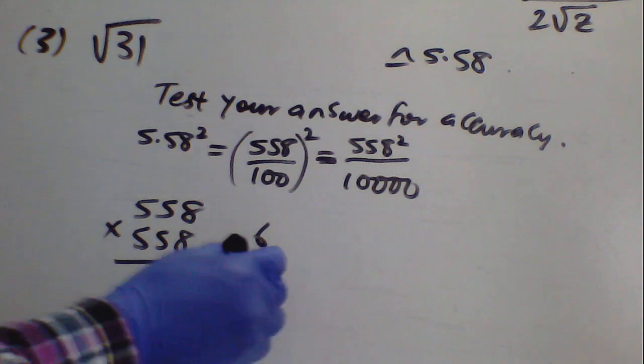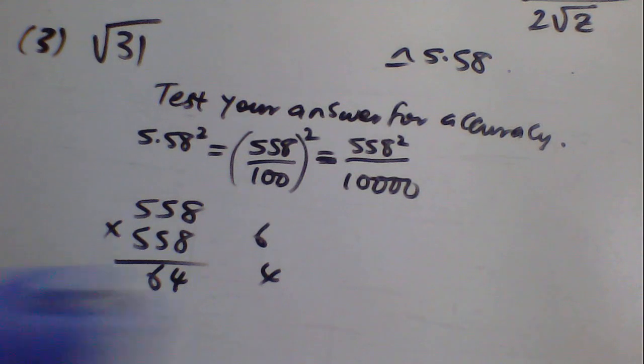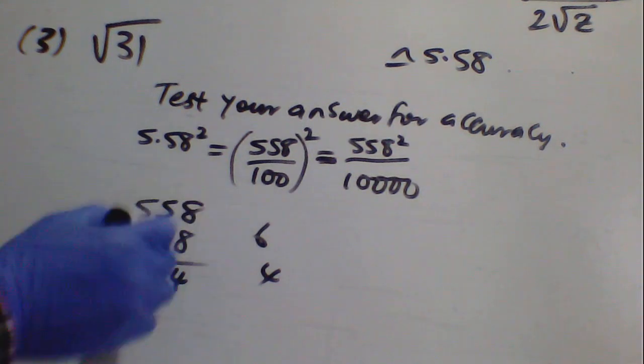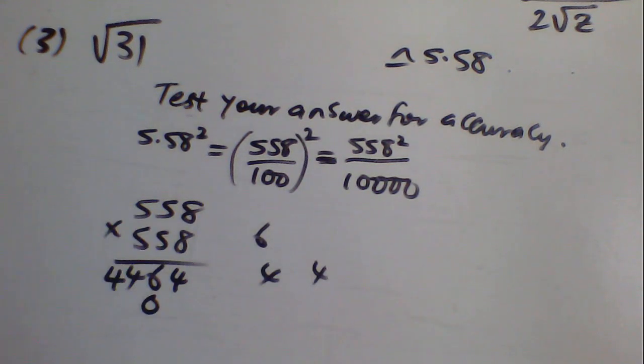You write 6, carry 4. 8 times 5 will give us 40 plus 4 will give us 44. 5 times 8 will give us 40. You write 0, carry 4. 5 times 5 will give us 25 plus 4 will give us 29. You write 9, carry 2. 5 times 5 will give us what? 25 plus 2, 27.